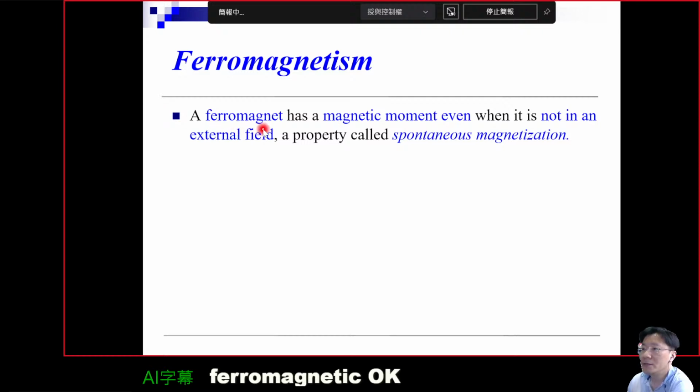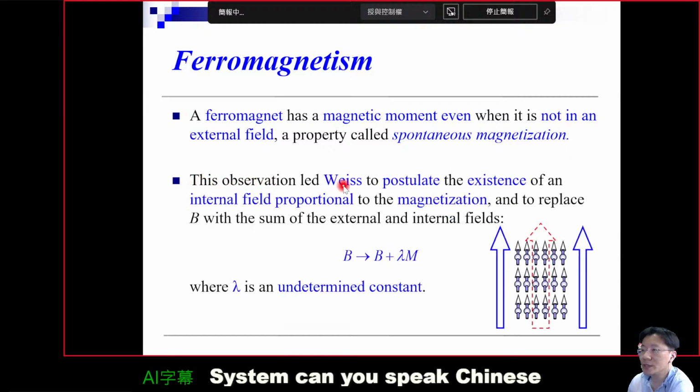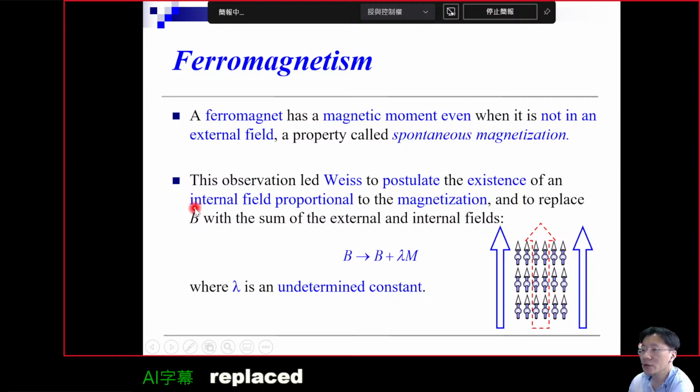Okay, so a ferromagnet has a magnetic moment even when there is no external field. This is called spontaneous magnetization. This observation led Weiss to postulate the existence of an internal field proportional to the magnetization, and to replace the external applied magnetic field B with the sum of the external and internal fields. So this modification is like this.